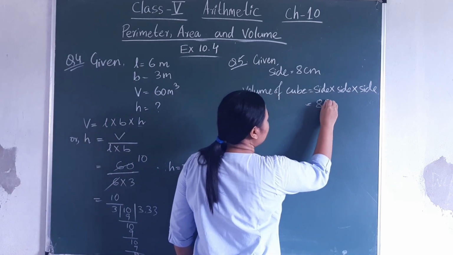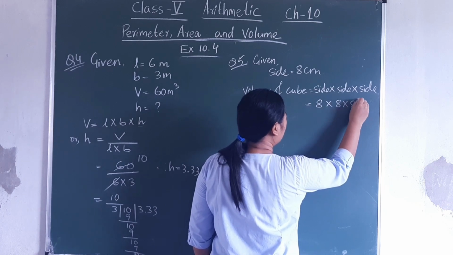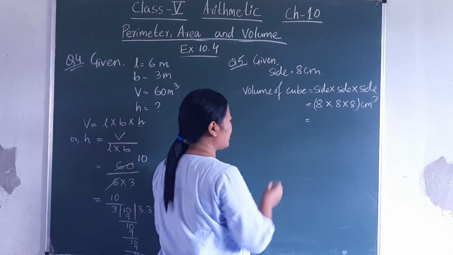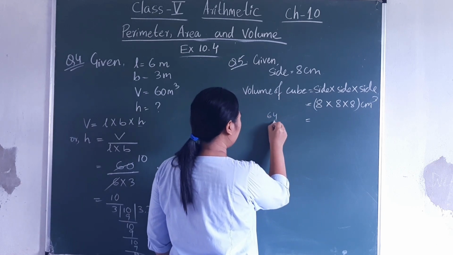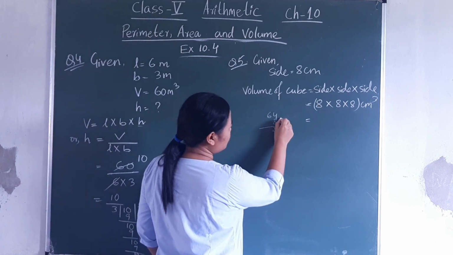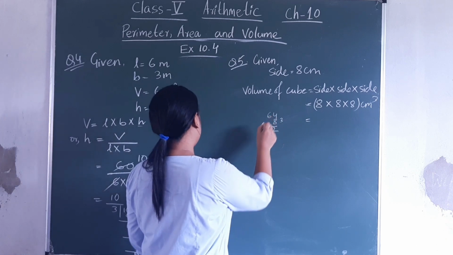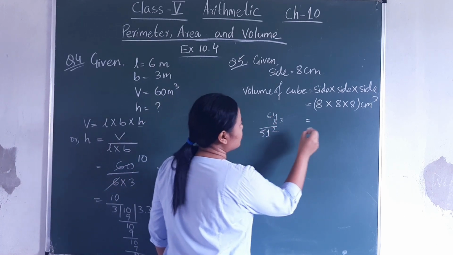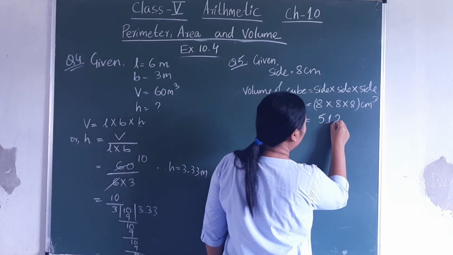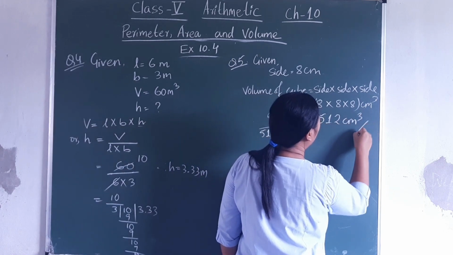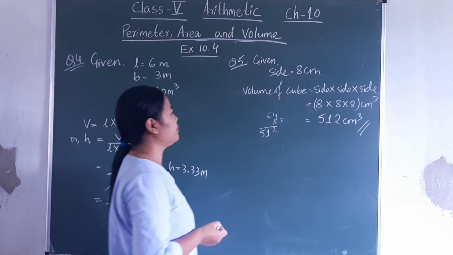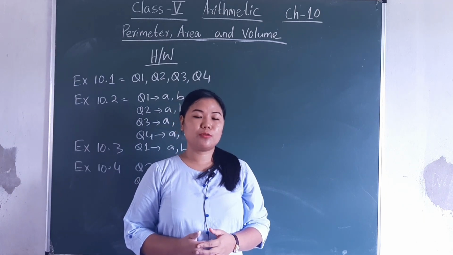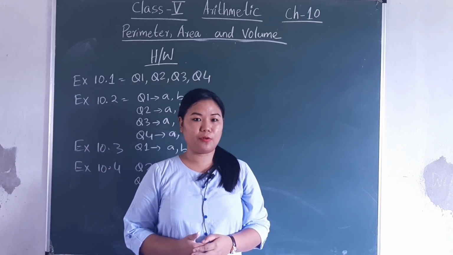So 8 into 8 into 8 centimeter cube. 8 8s is 64, 64 8s are, 8 4s is 32, 3 in hand, 8 6s is 48, 51. So 512 centimeter cube.